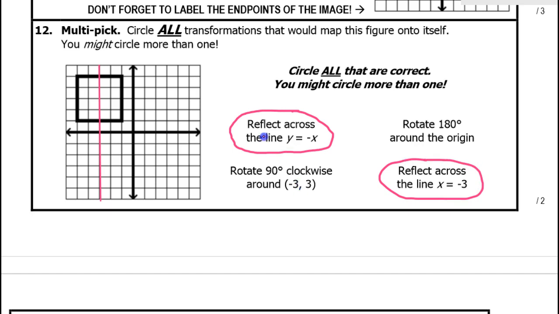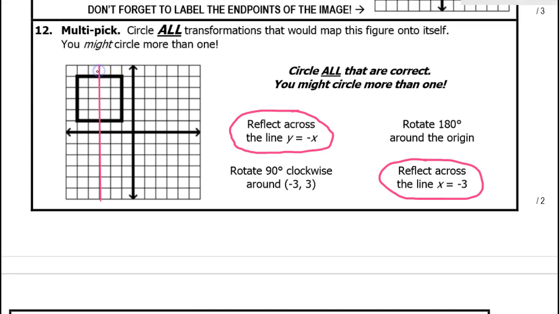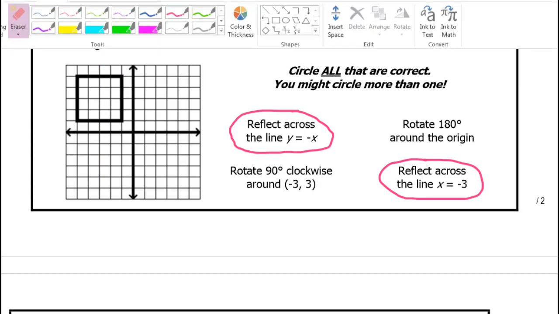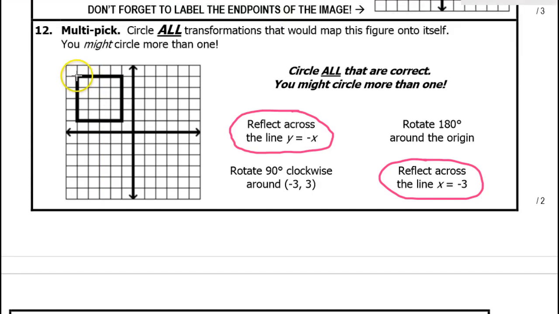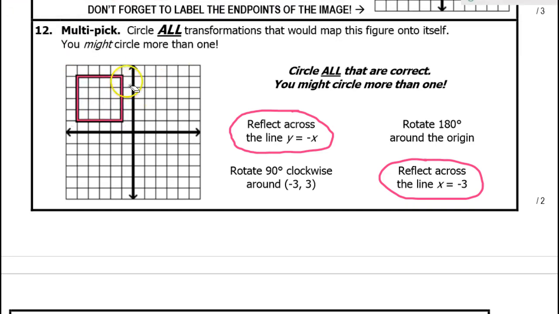Okay, how about a 90-degree rotation? Okay, let me get rid of my line here. Okay, so here is my square. If I do a 90-degree rotation, is it going to look any different? No, it's going to still look the same.